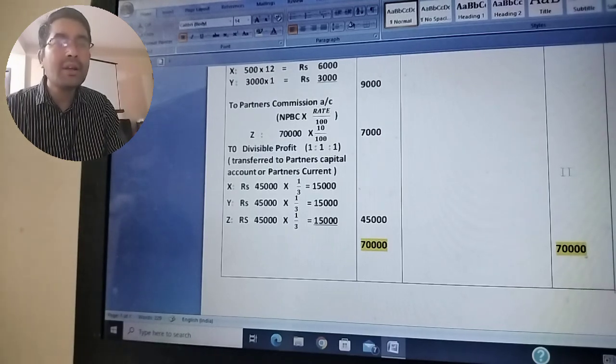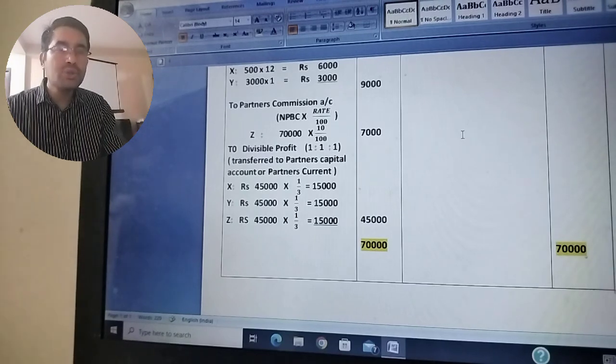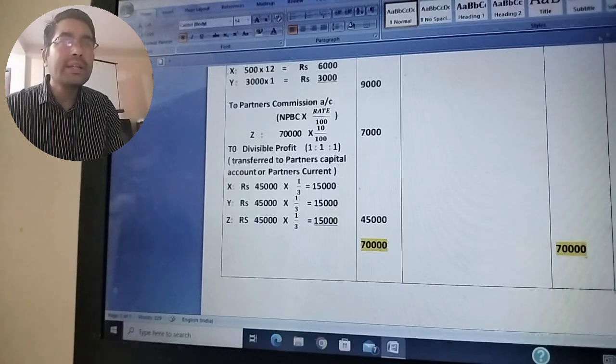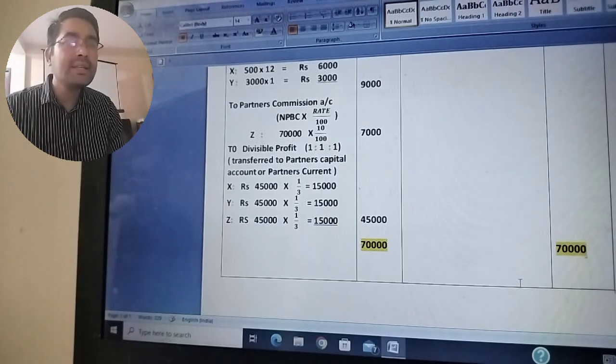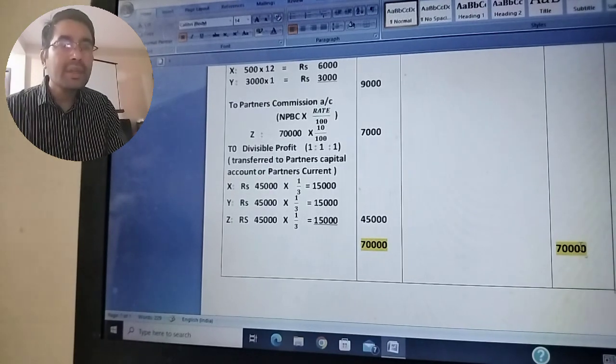Now we have to find out the divisible profit. In order to find the divisible profit, you have to add the credit side first. On the credit side, we have only one item, the net profit, 70,000.